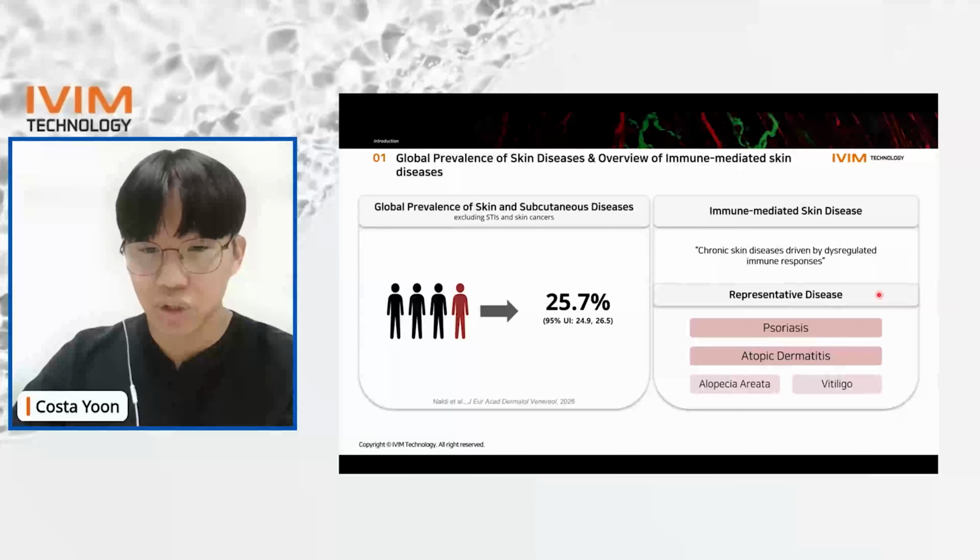Representative diseases include psoriasis, atopic dermatitis, alopecia areata, and vitiligo. In particular, psoriasis and atopic dermatitis are widely recognized as key targets due to their high prevalence and large therapeutic markets.